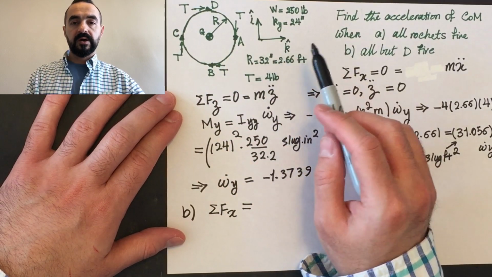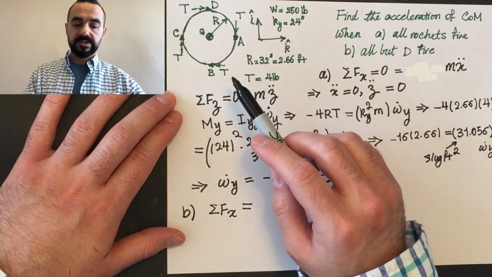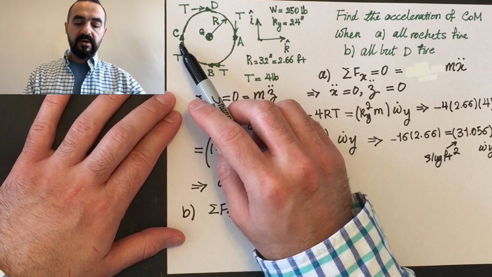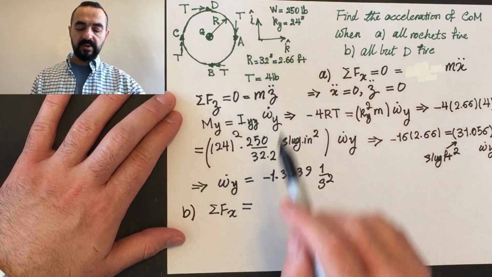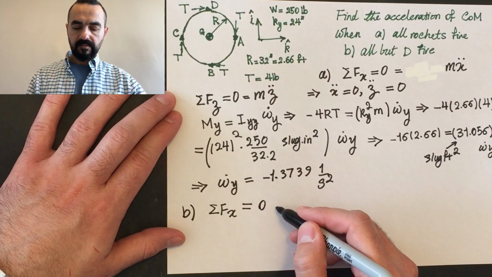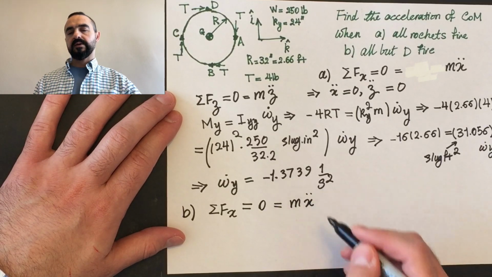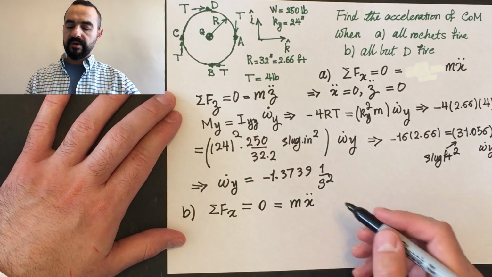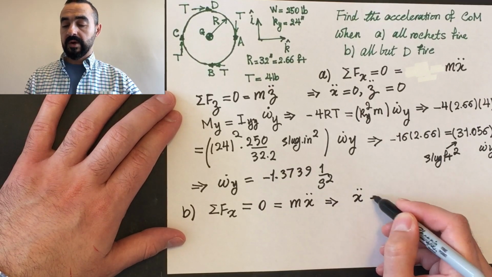They do not affect the sum of forces along the x direction. So this force again cancels out this force, and we get sigma Fx equal to 0. So we have m x double dot again equal to 0. From this, we can say that x double dot is equal to 0.